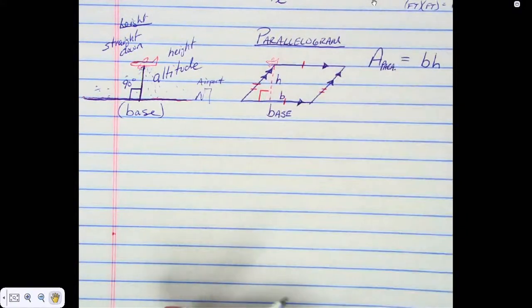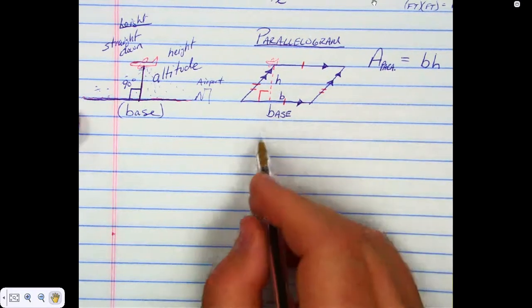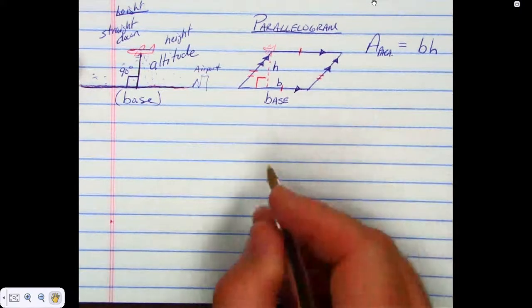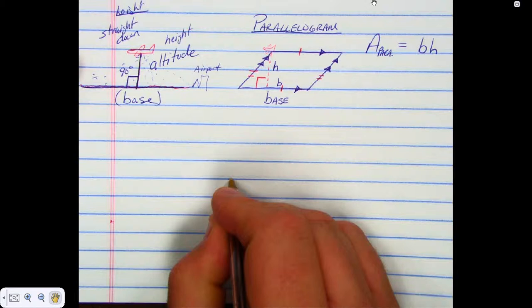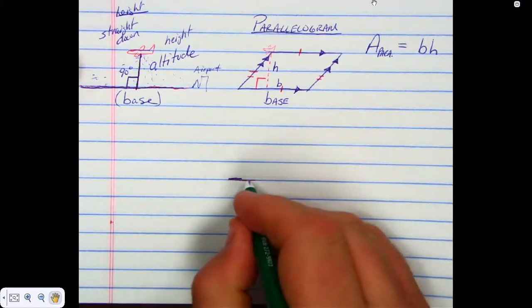I'm sure you've seen this concept before, but what you guys have also got to realize is, I'm going to do my best. I'm not the best drawer in the world, but I'm going to try to draw a picture of this same thing, but I'm going to flip it.